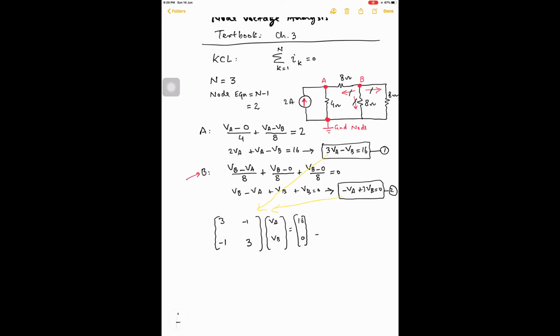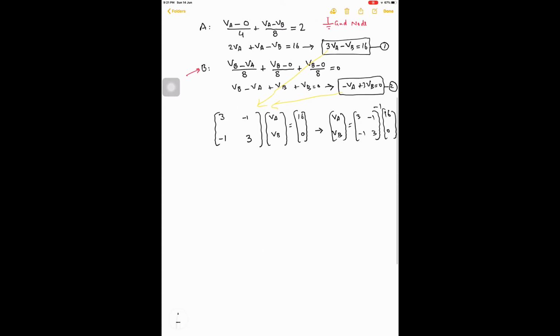Now we can solve this matrix equation. The voltage matrix VA, VB is the inverse of the matrix 3, minus 1, minus 1, 3, multiplied by 16 and 0. I will solve it for you the first time.